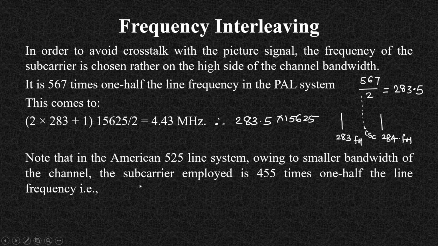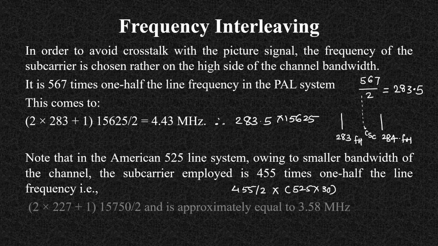That's why the subcarrier employed is 455 times one half of the line frequency, that is 455 by 2 into the line frequency. Their line frequency is different because they have 525 lines and 30 frames, that is 60 fields. Calculating in the other way, 2 into 227 plus 1, into 15750 by 2, is approximately equal to 3.58 megahertz.